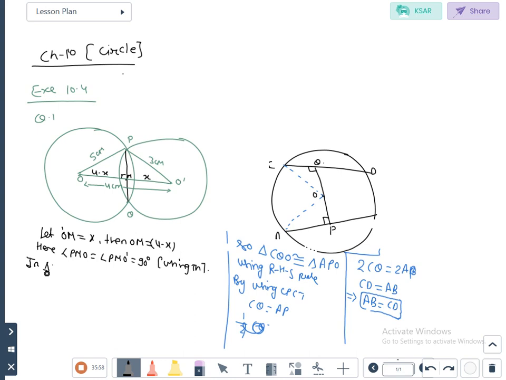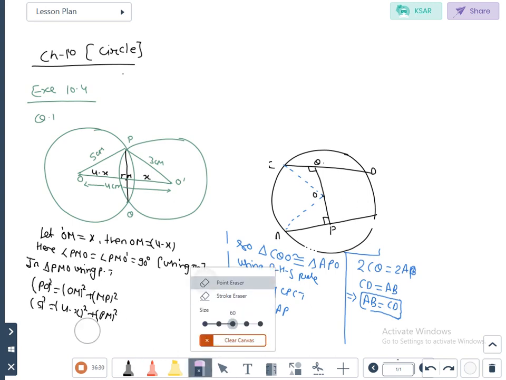So in triangle PMO, using Pythagoras theorem, PO square is equal to OM square plus MP square. 5 square is equal to 4 minus x whole square plus PM square. After that we will simplify.